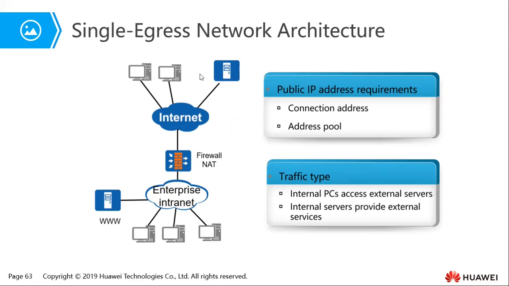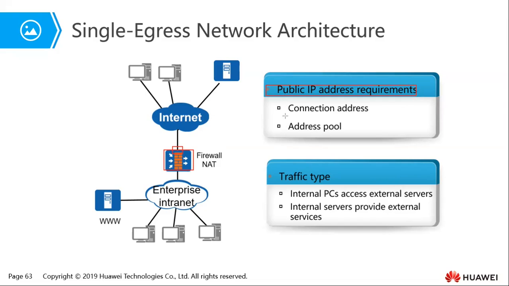As you can see here, we have a single interface that is connecting us to the internet, or to our ISP. And generally, at the egress here, we've deployed a firewall. Now, one of the requirements we have is the public IP address requirement.